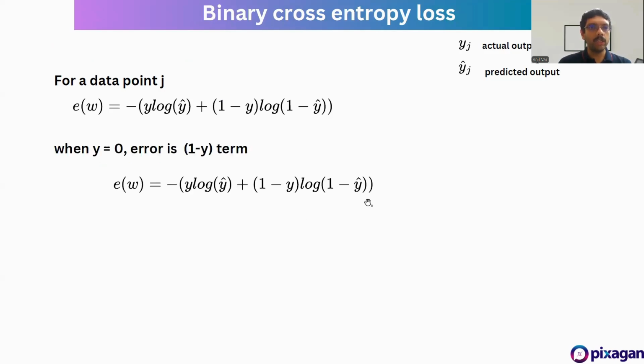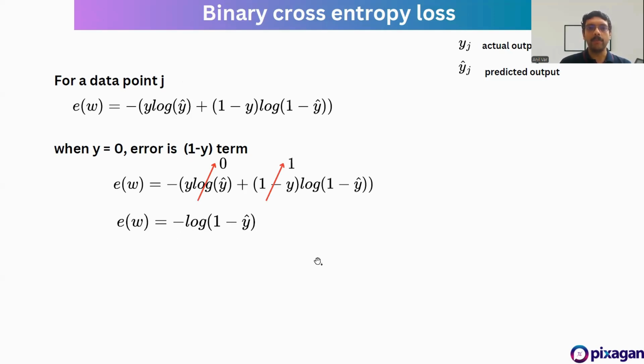Now let's look at this a little more carefully. I want to see how the error, or the loss, is going to show up. When the label is zero, what happens? Y goes to zero, so this term goes to zero, and 1 minus 0 is 1. So you're left with minus log 1 minus y hat.